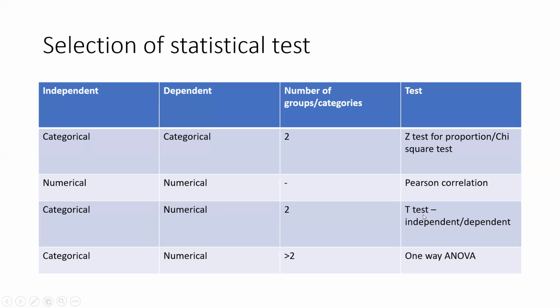There are two types of t-test: the independent t-test and the dependent t-test, or paired sample t-test. If you are comparing two different categories, that means male and female, you can use the independent sample t-test.